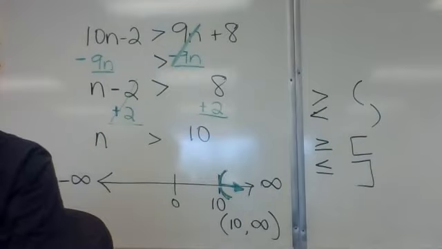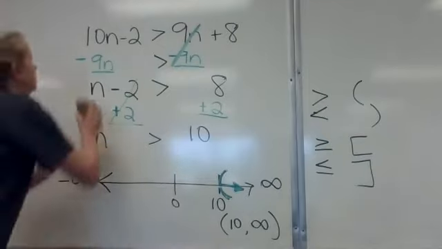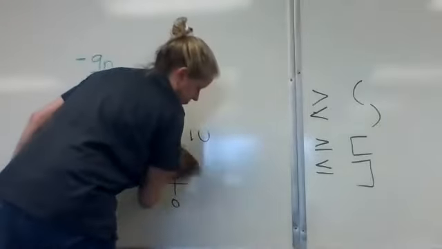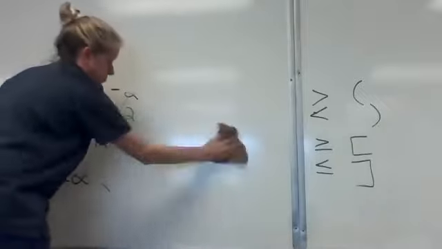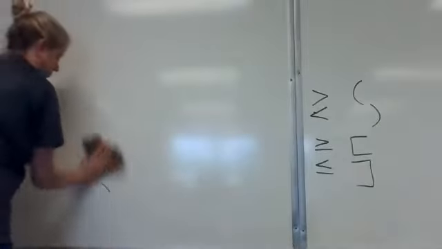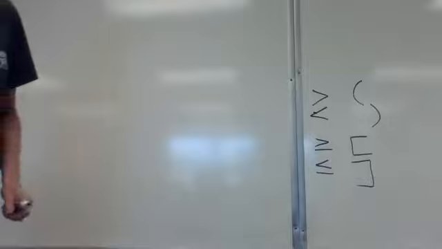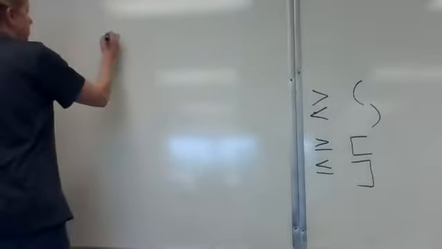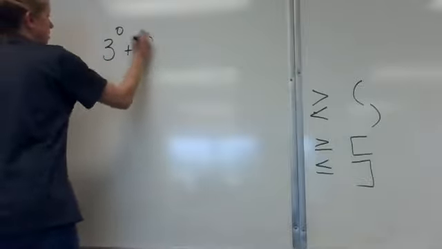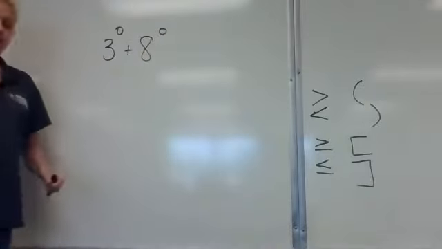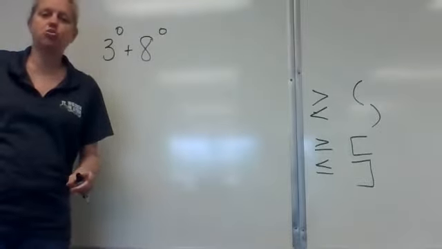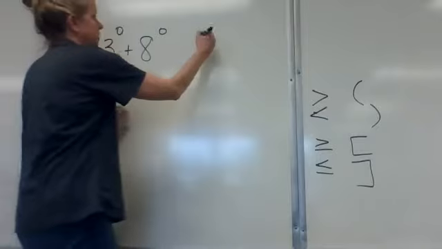Okay, number 5. Says to evaluate 3 to the 0 plus 8 to the 0. So on this one, we need to remember what happens when you raise something to the 0 power.